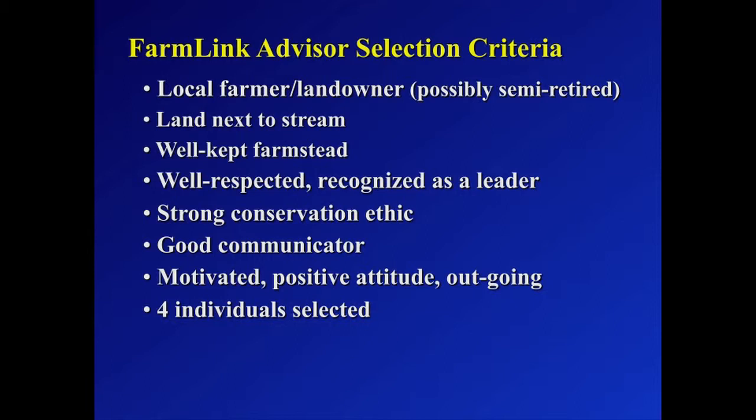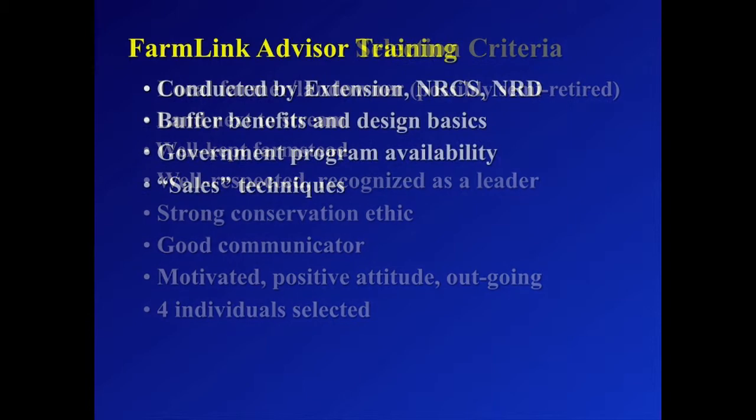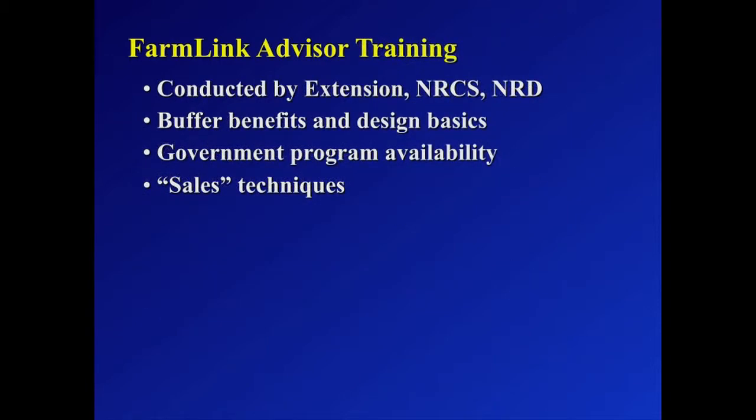Primarily, they came from a watershed group that had been formed a few years earlier. They basically met the criteria that we had laid out for selection. The next step in the process was to provide those four individuals with training: generally what they were going to need to do when they visited their neighbors, what they needed to talk about, and what they needed to promote.